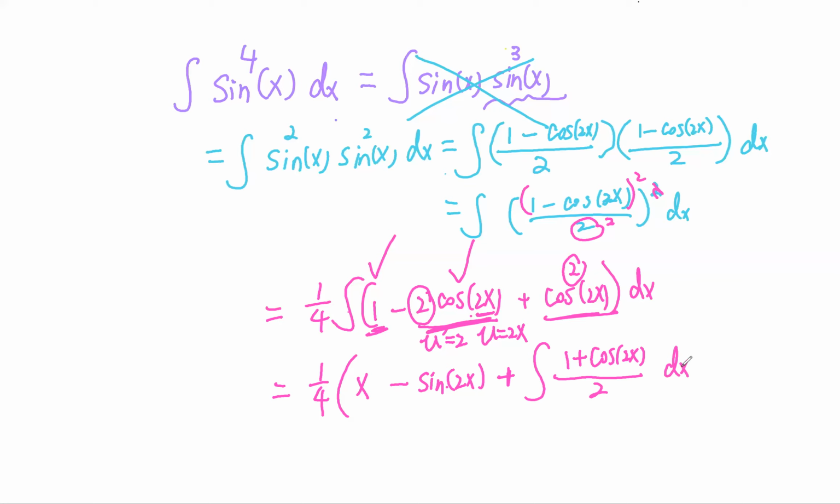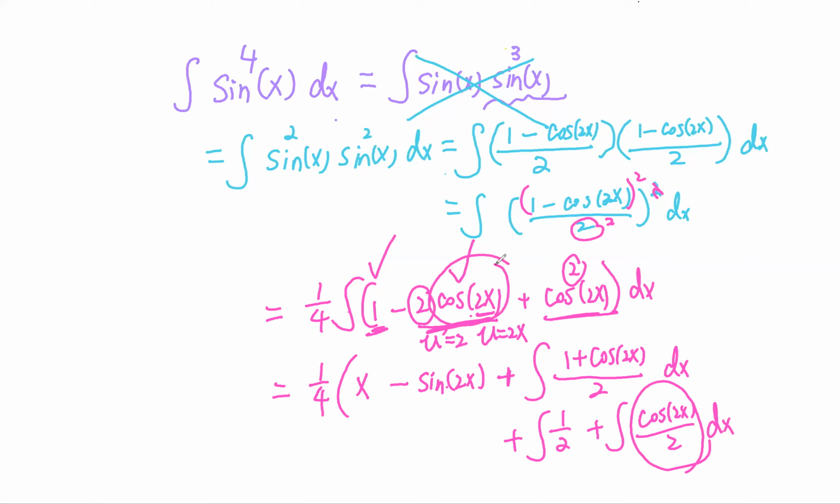If we continue to rewrite this part, that's going to be a half plus cosine 2x over 2. So this is just going to be repeating what we did right here. That's the same type of problem we have. Now we just solved sine to the 4th power.